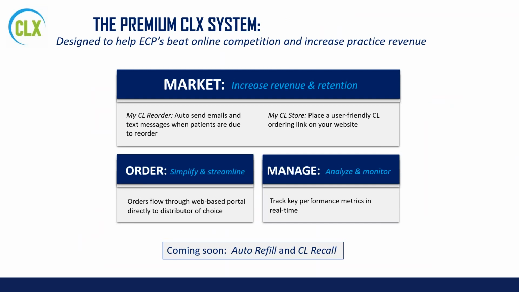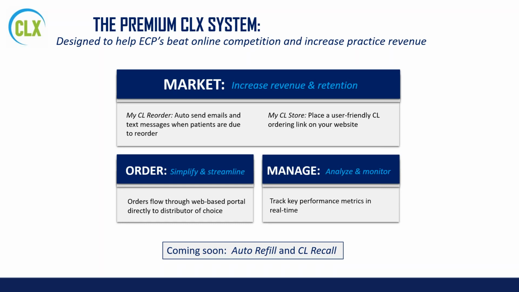So here's a recap of the functionality. We talked a lot about reorder. We touched on the store a little bit. But let's not forget about where that all starts. It all starts with the order. That's what we were built upon, our contact lens database. It's extremely accurate, and the process of ordering is very streamlined and simple.